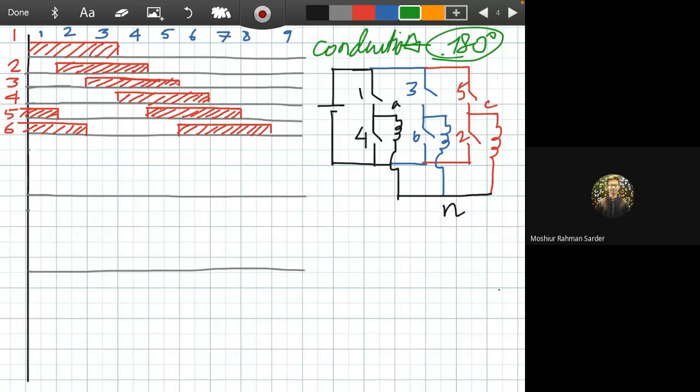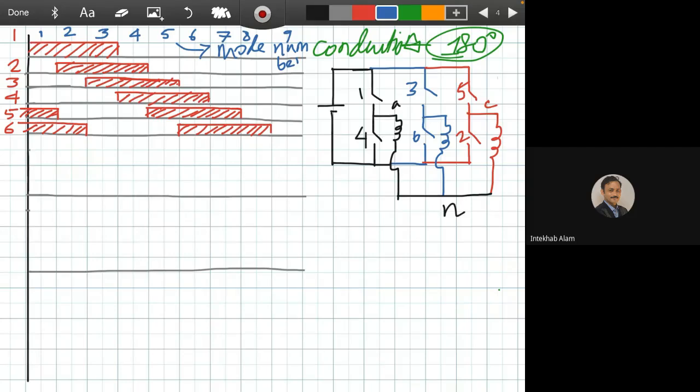No. The mode numbers are written in blue. These are our mode numbers. Sir, the mode size is 60 degrees, so it should be 1, 5, and 6. Yes sir, 156. Excellent, excellent, excellent. It's very good. In mode number 1, switches 1, 5 and 6 are on.